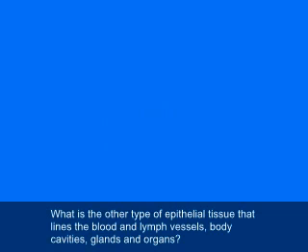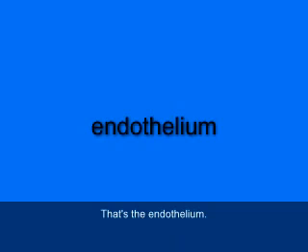What is the other type of epithelial tissue that lines the blood and lymph vessels, body cavities, glands, and organs? That's the endothelium, ENDOTHELIUM. And finally, what is the general category of tissues that support and connect organs and other body tissues?